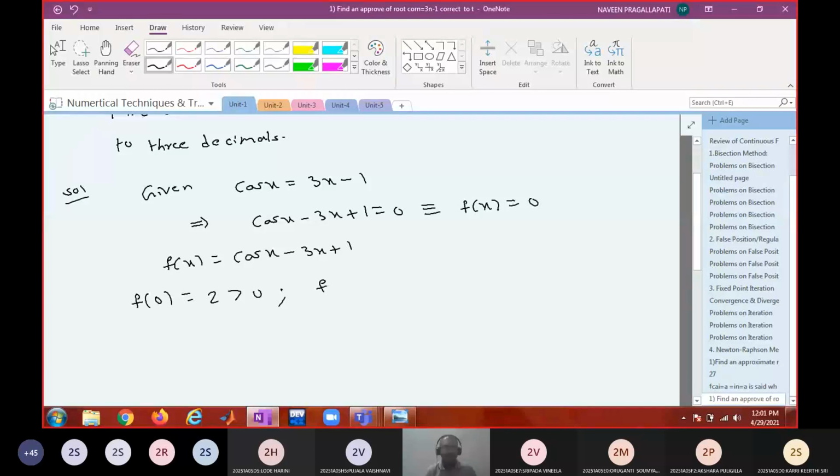And what is f of 1? What is cos 1? Cos 1 is 0.5403. Simplification is minus 1.4597, right?